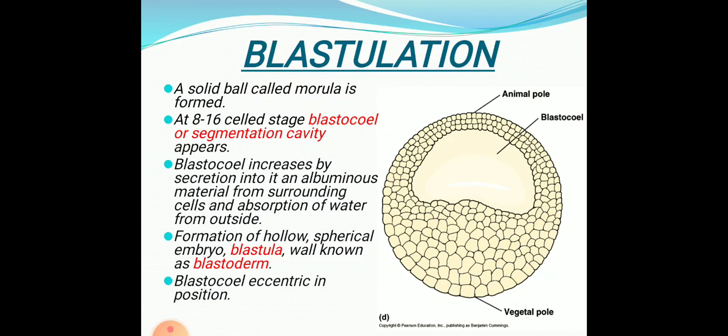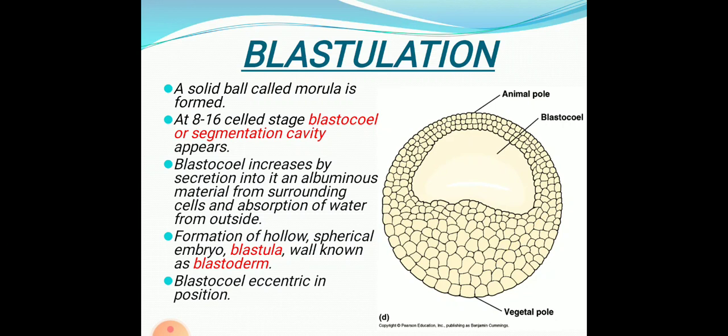A solid ball called morula is formed after the cleavage, as we studied in the development of human. So here also, after the cleavage a solid ball structure forms, that is called morula. At the 8 to 16 celled stage the blastocoel or segmentation cavity appears.